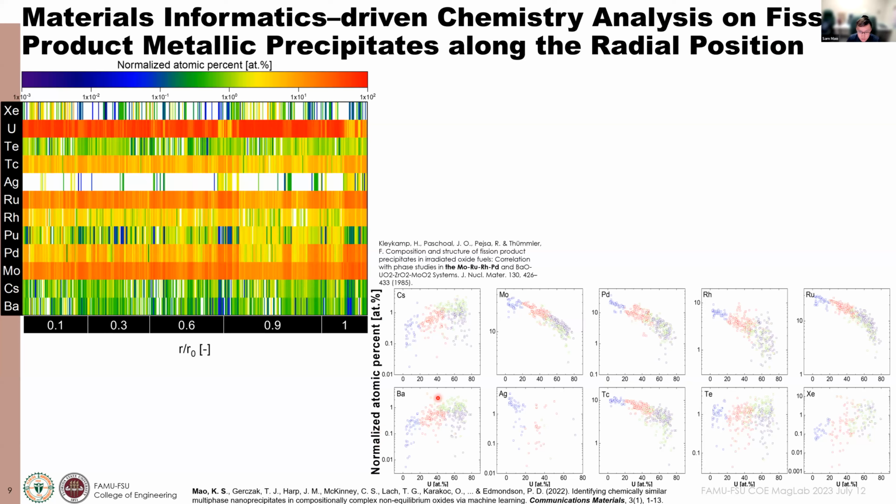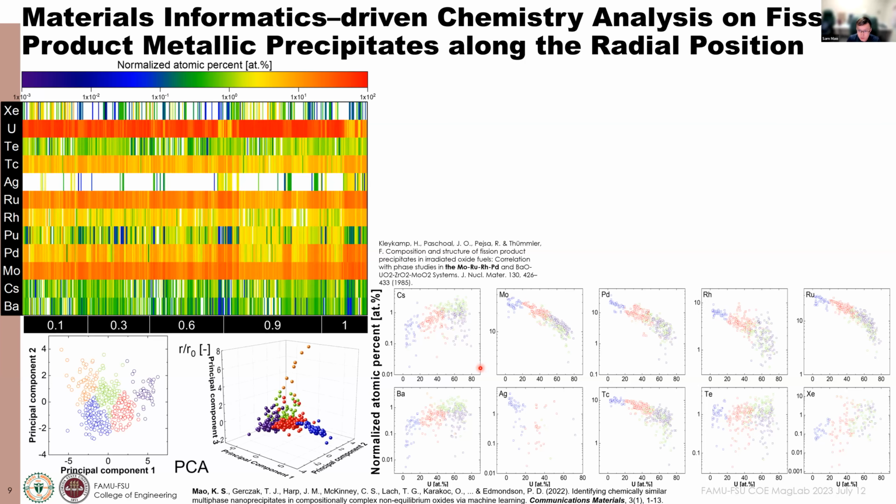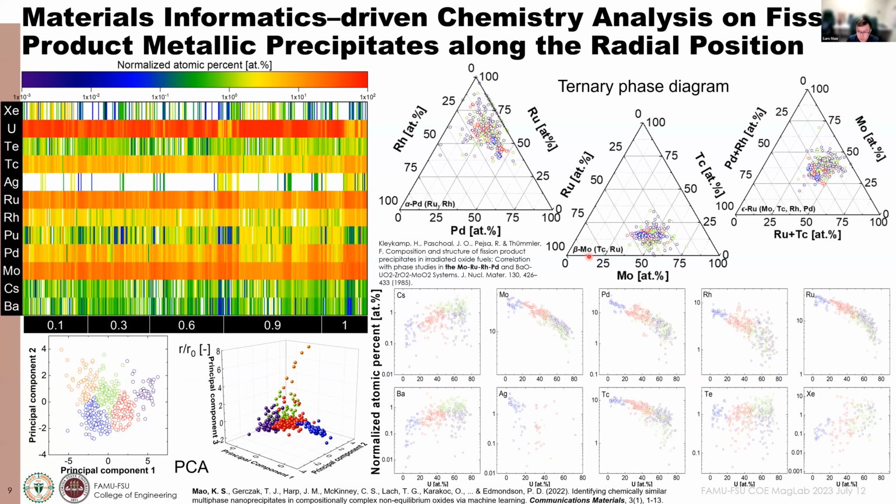And then for this specific system, back in the 60s a lot of people created all these different types of phase diagrams. What we're doing is looking at over, let's say, 5,000 precipitates.